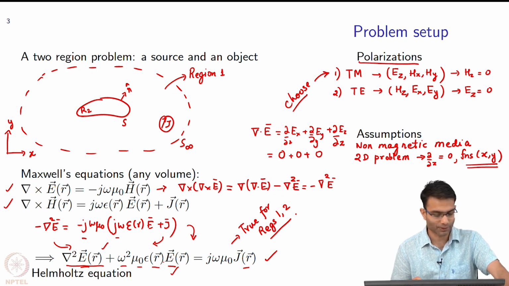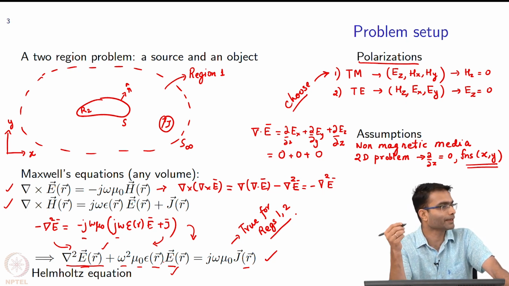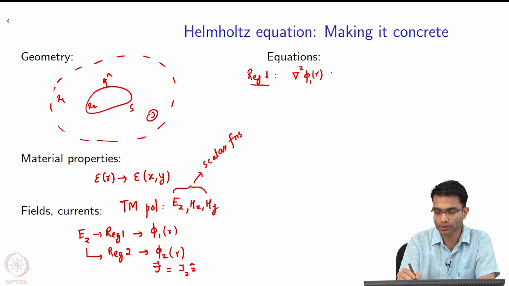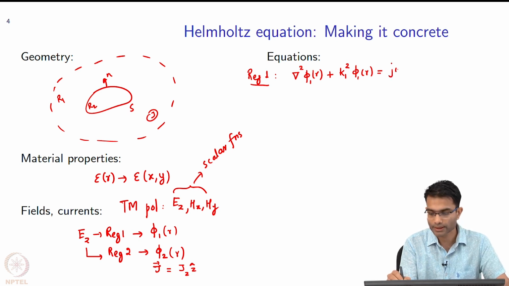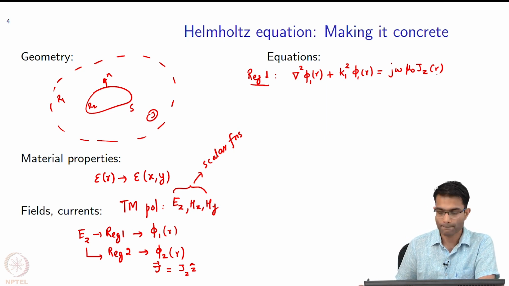All of you know that we can get rid of this mu naught epsilon and write it in terms of speed of light, and that can get converted into a wave number k, 2 pi by lambda. Once you do all that simplification, I can condense it into a new constant k 1 squared, the wave number in region 1, phi 1 r is equal to j omega mu naught j z r. Just rewritten everything.